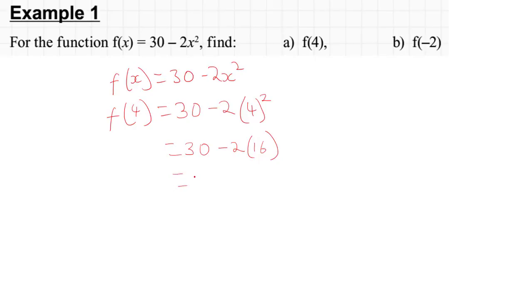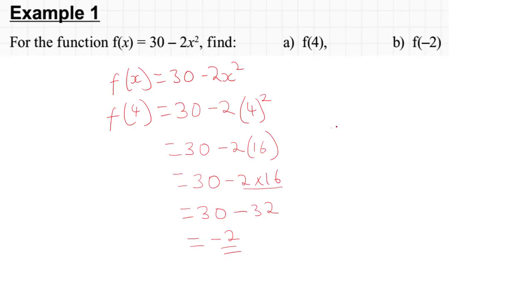Now the next thing I need to do is sort out the bracket. We know that 2 bracket 16 means 2 times 16. So it's 2 times 16, and you can underline that. Then if you carry down, you've got 30 minus 32. So your answer is going to be -2. We say that f of 4 is -2.